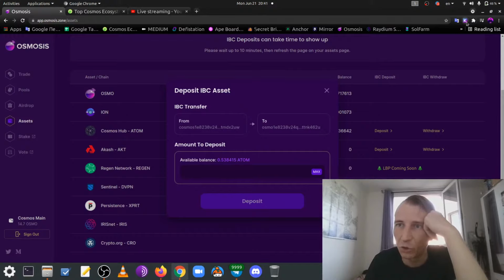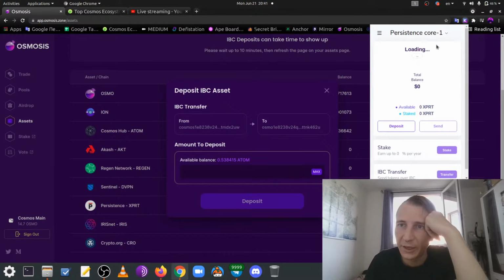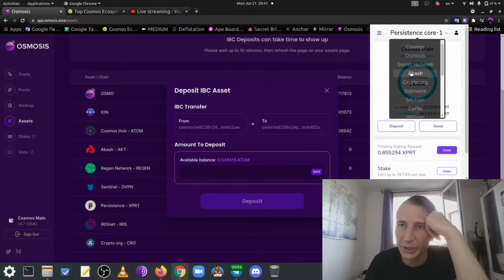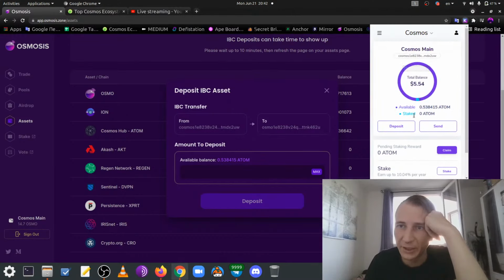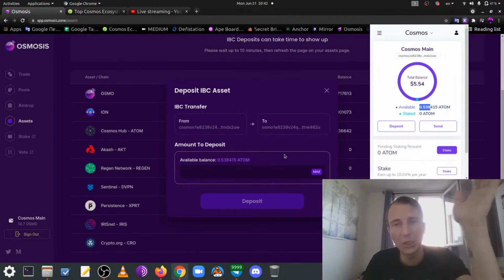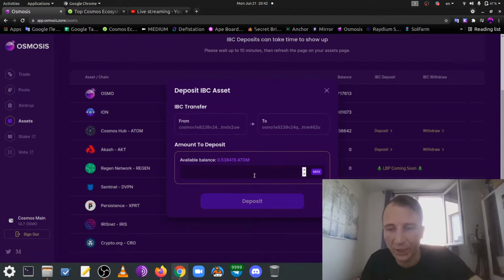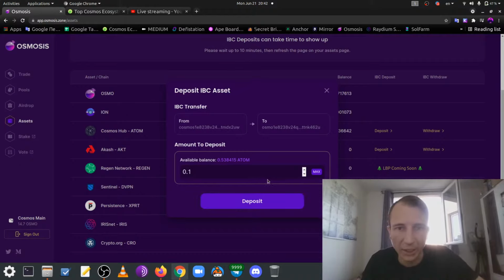And if I go to Keplr and choose here my Cosmos address, we will see available 0.538. So just for experiment, I already deposited a lot of atoms to my balance on the Osmosis chain.